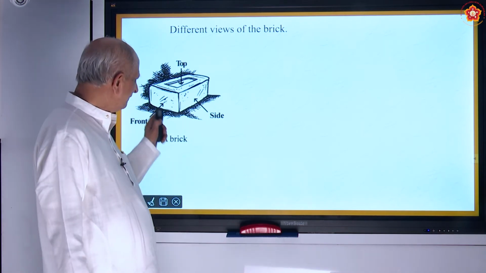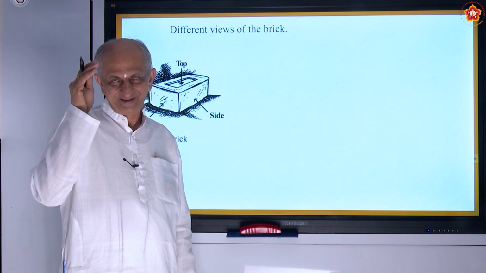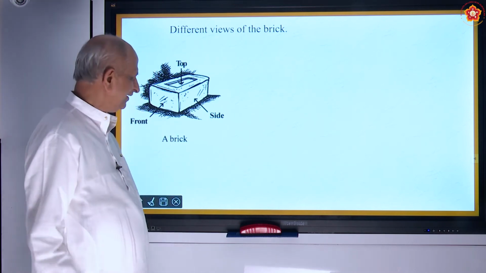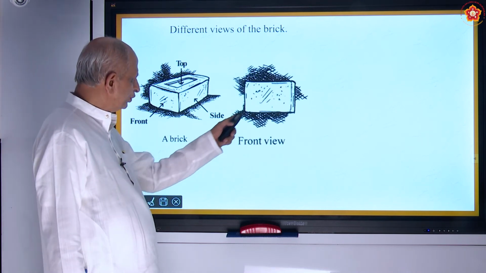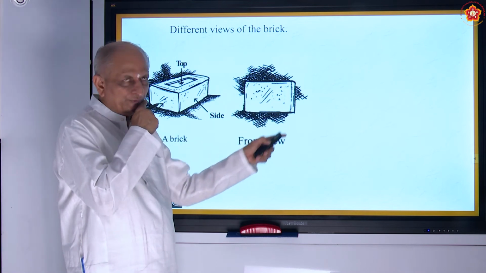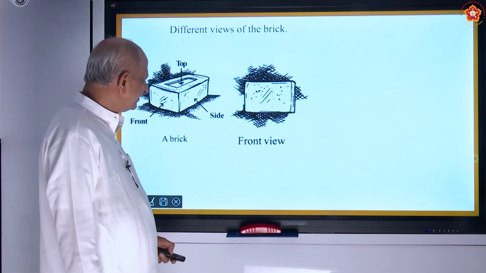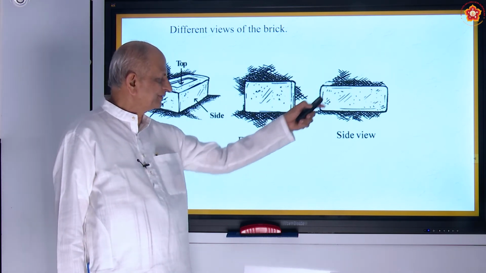So when you look at the brick in different angles or different sides, it gives different shapes. So for example, if you look at the front like this, you find some rectangle there, correct? And same thing if you see from side view, it will be like this.